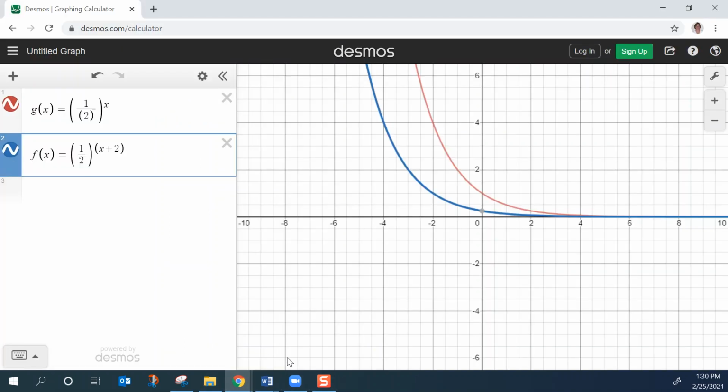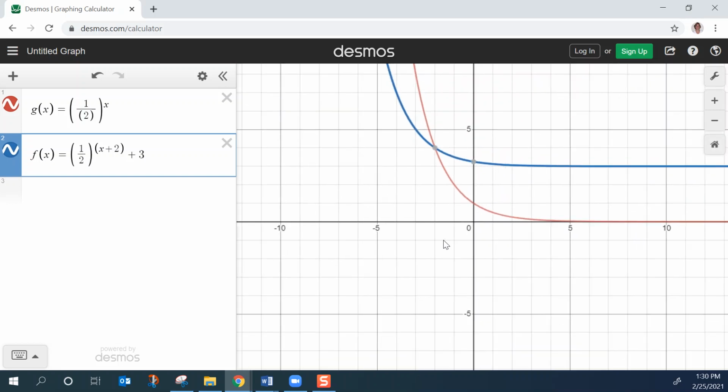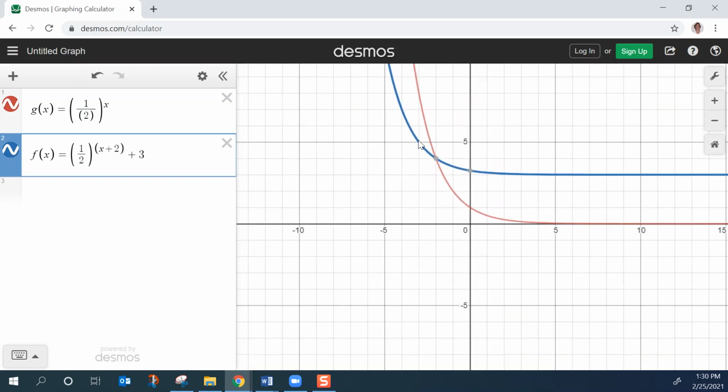Okay, so plus 3. If you can tell by looking at the graph where your points are, that's 3.25. That's not an integer point. Negative 2, 4 is an integer point. And then see if you can find another integer point on the blue graph. And it looks like we've got one here. Hard to tell. So if you can't tell, make a table of values.